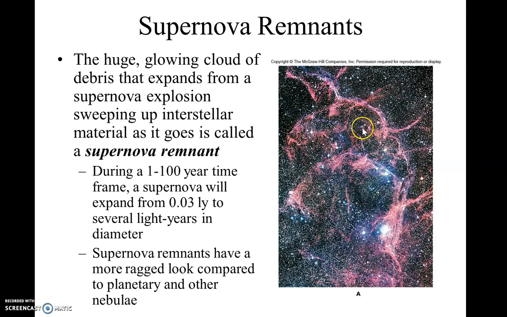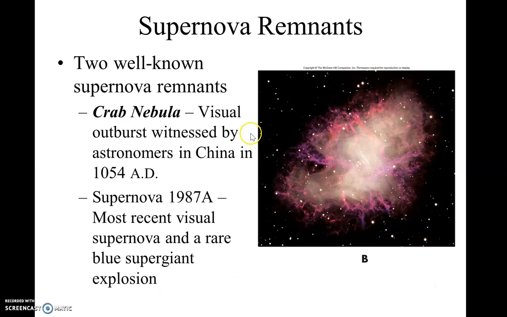This picture right here is what's called a supernova remnant. There are actually two really famous supernova remnants. One is called the Crab Nebula. It's in the constellation Taurus. It was actually a supernova that exploded in the year 1054 AD.